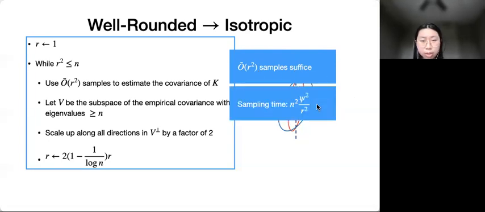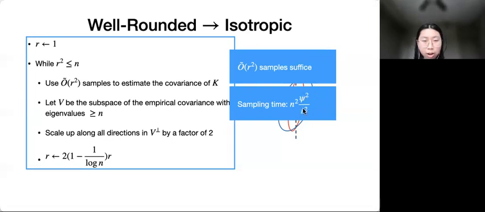And the second is the sampling time for each sample in an iteration depends on R. So it's n square psi square over R square sampling time. So this time decreases when K is closer and closer to isotropic.